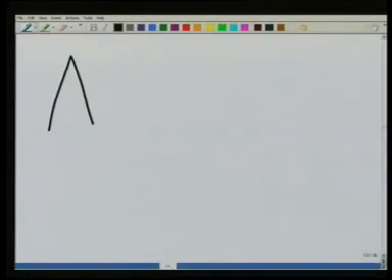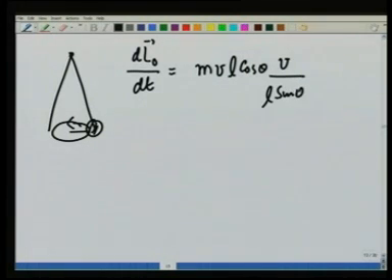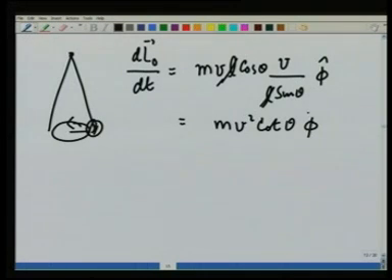So for this conical pendulum, dL_O by dt is equal to m v L cosine theta. Omega is going to be velocity divided by the radius, so velocity divided by L sine theta, in the phi direction, which is m v square cotangent theta in the phi direction.